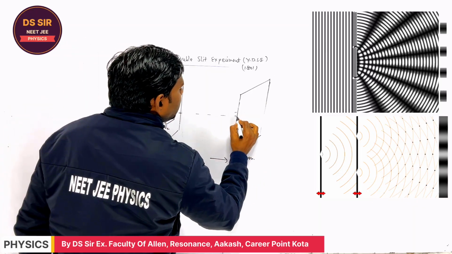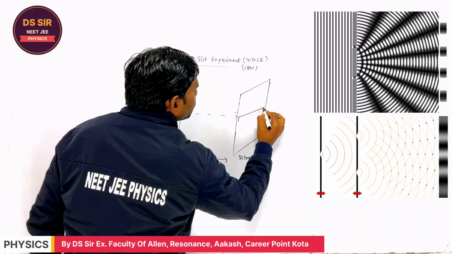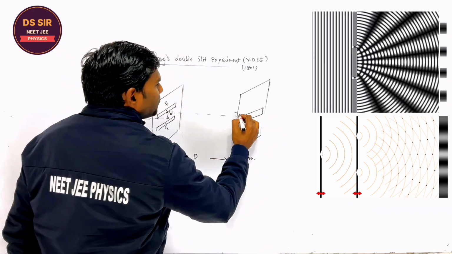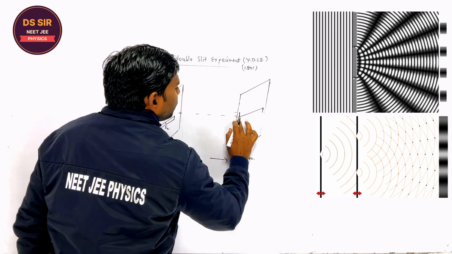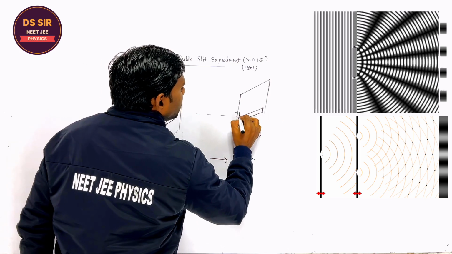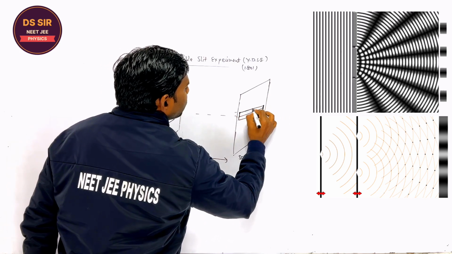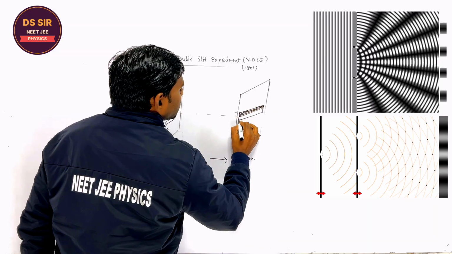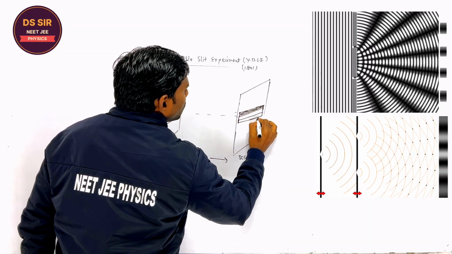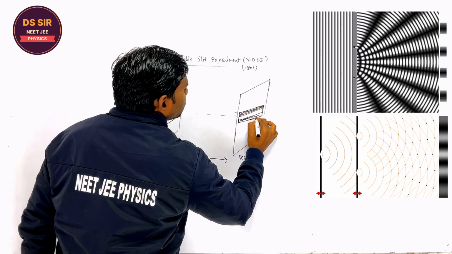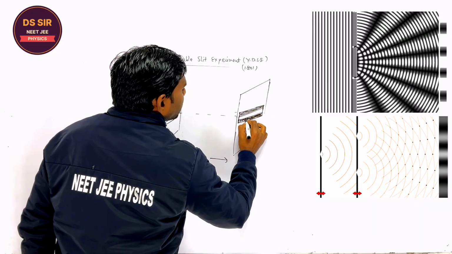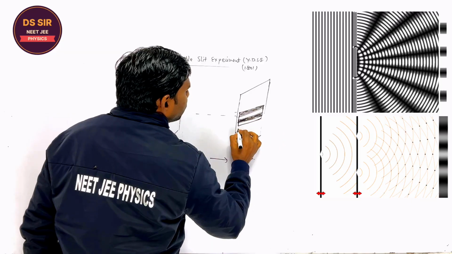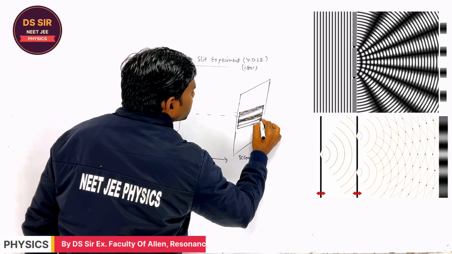In the middle, a constructive interference, or bright fringe, is found, and consecutively a dark fringe is found.